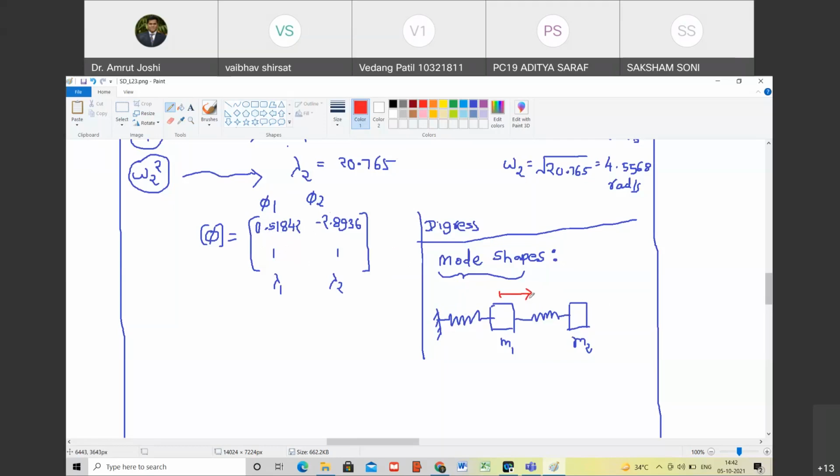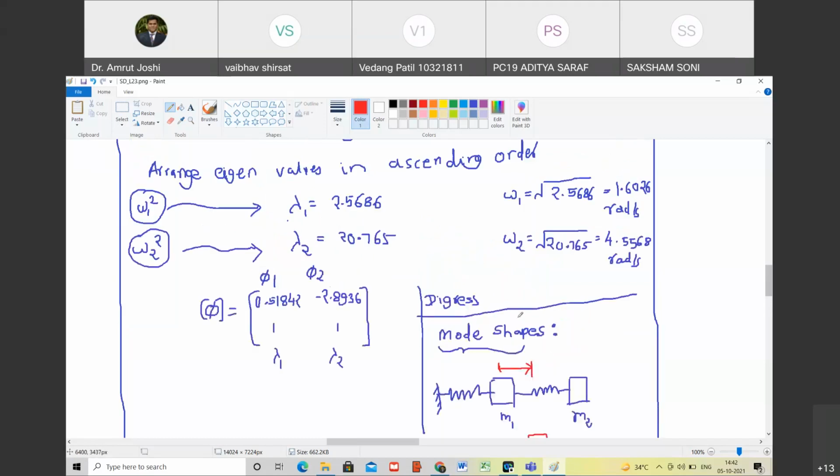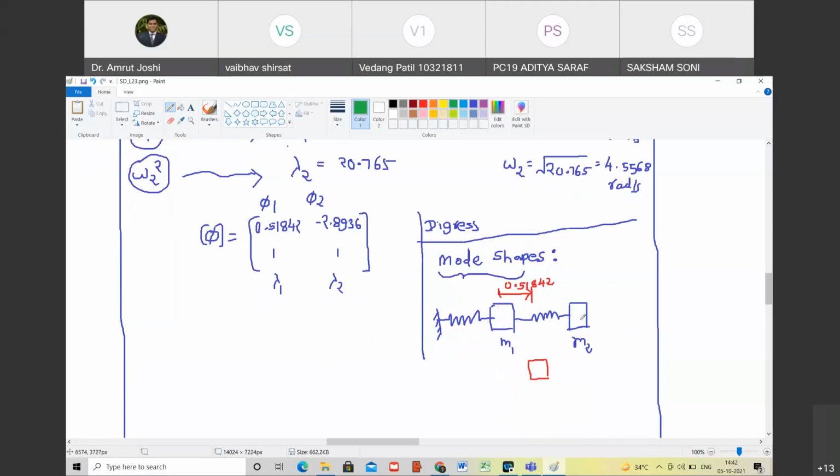Where is M1 now? M1 is here. What is this distance? 0.51842. And when M1 moves by this distance, M2 moves by almost double, that is 1 unit.